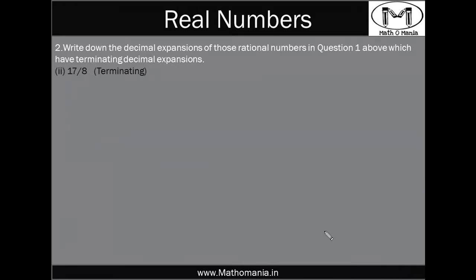So next question. This again was terminating, 17 by 8, right? So this is 17 upon 2 into 2 into 2. Further, to simplify the question, we'll make a pair of 10 in the denominator. For that, we need to multiply each 2 by 5. So we'll multiply the denominator by 3 5s.